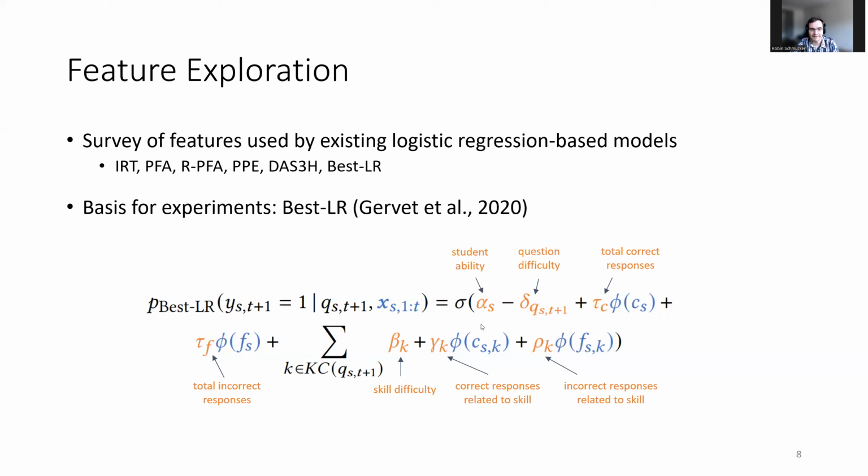Here we can see that BestLR uses a student ability parameter and a question difficulty parameter, which is similar to how IRT does things. We have parameters for the total number of correct responses and for the total number of incorrect responses. We also have difficulty parameters and count parameters for each individual skill which is associated with the current question.